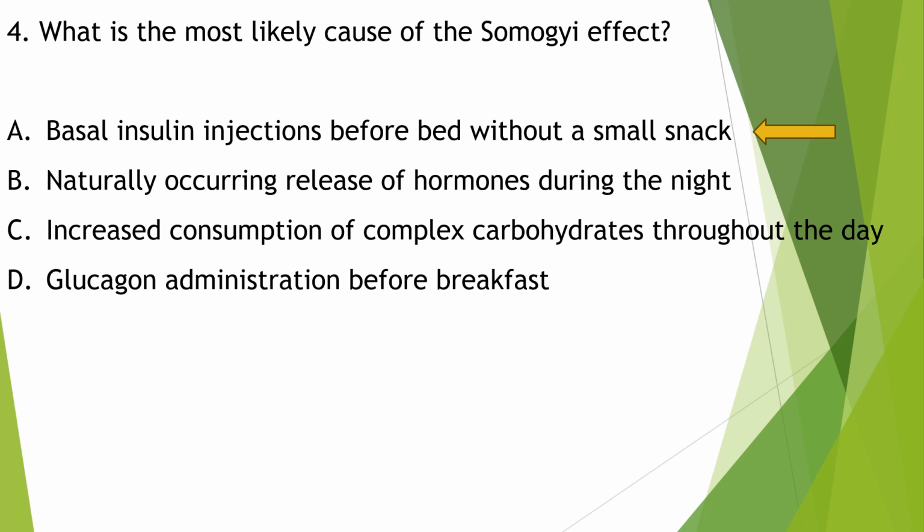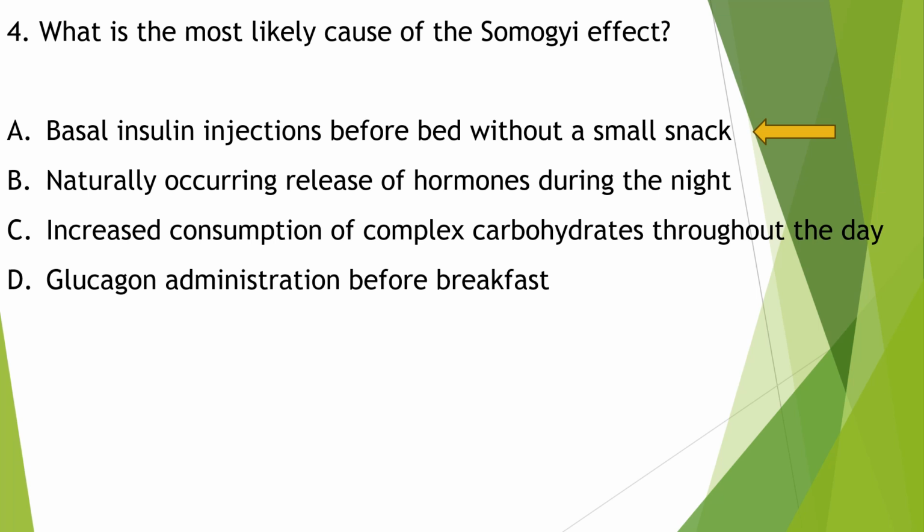This is most likely reflected in higher fasting blood glucose levels in the morning. The Somogyi effect results in increased blood glucose levels due to an excessive insulin dosage at night. This can occur in a patient who injects basal insulin before bed without having a small bedtime snack.